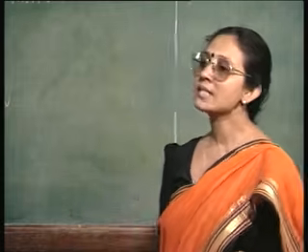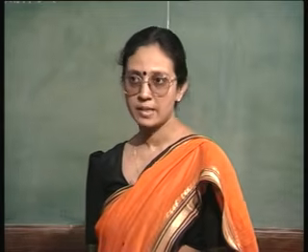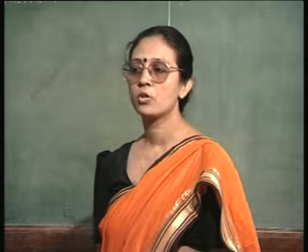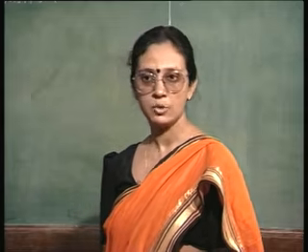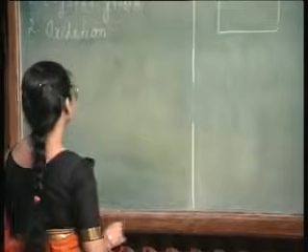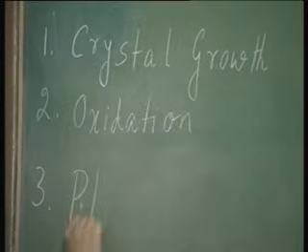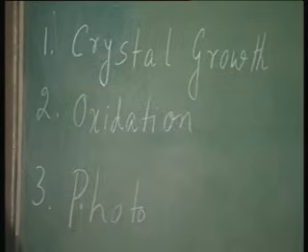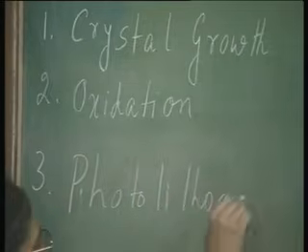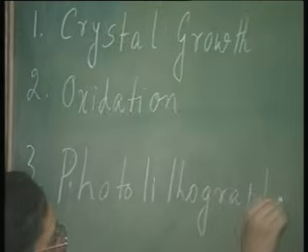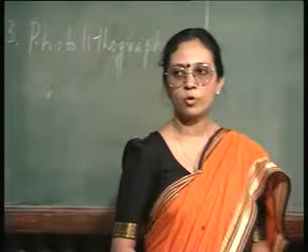Now, this selective removal of oxide is done by a technique called photolithography. So, that is our third unit process step, photolithography.